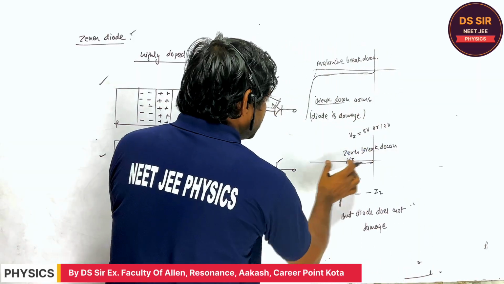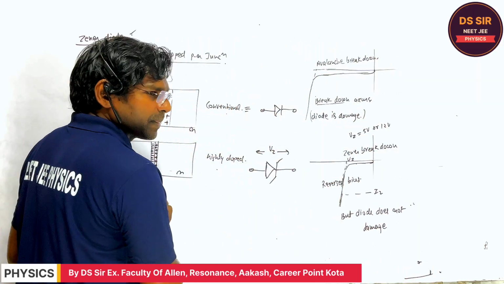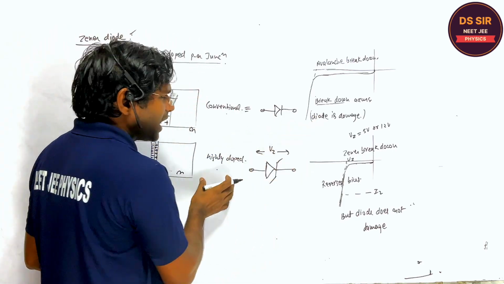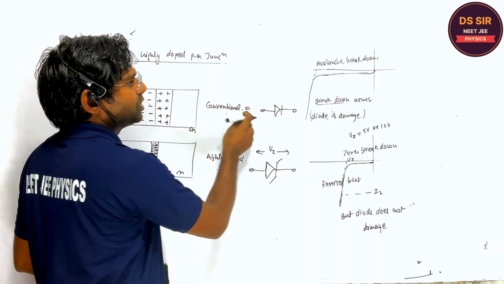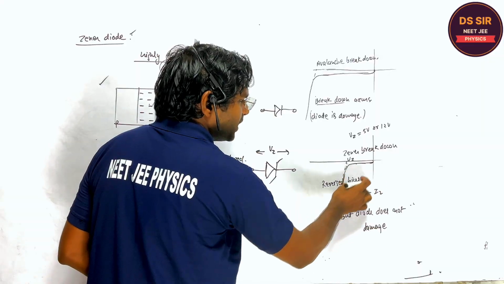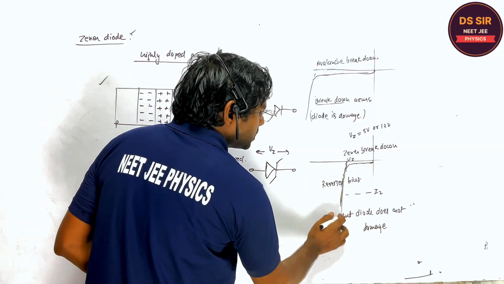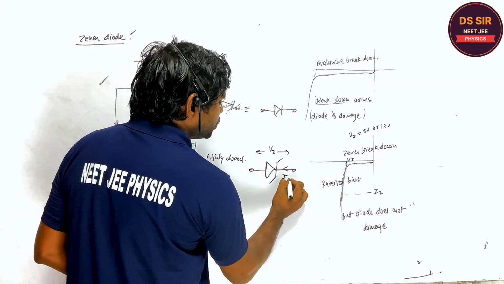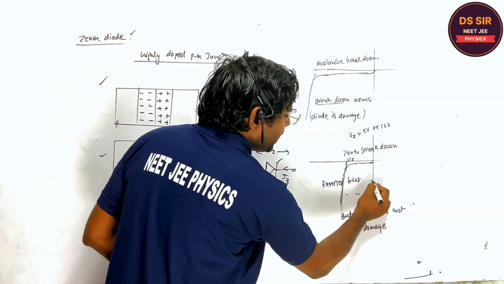And its Zener breakdown voltage, suppose VZ, is fixed. Are you getting or not? So this is the basic difference between the highly doped PN junction and the conventional doped PN junction. The breakdown occurs very soon, and the voltage across the Zener diode remains constant, and the Zener current flows over here. The current may be any value.